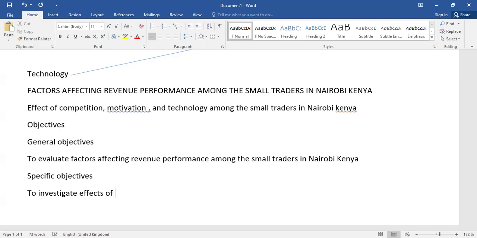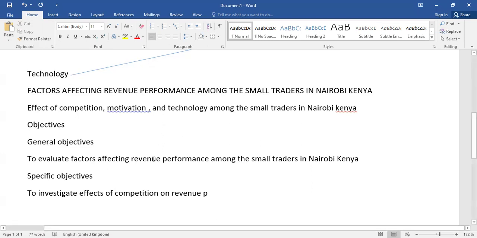Now, for the specific objective, we can say the first one is to investigate the effect of competition. Let's start with competition. The effect of competition on revenue performance. You can just copy the way it was.